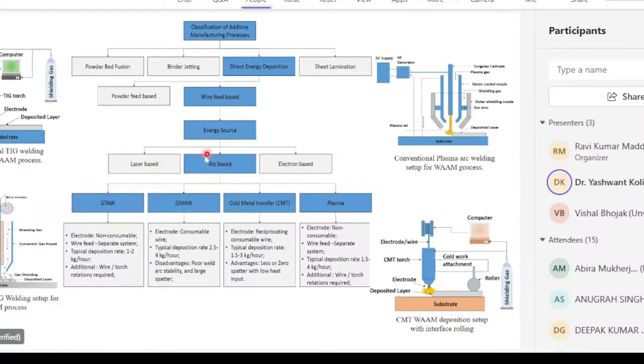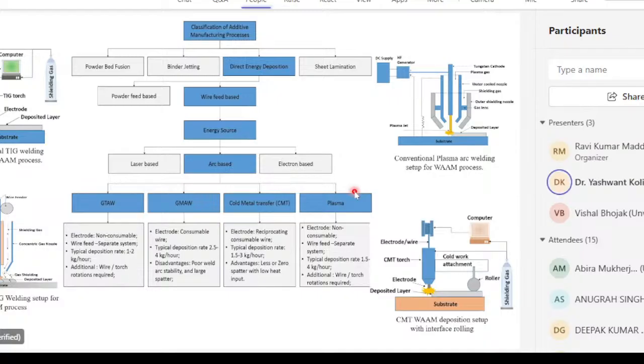That's why we are preferring arc based, which is the best alternative, and we get almost similar strength and can fabricate bulk material with comparable densities. The third classification is electron based, which is also a very costly process, but the deposition rate is very high. As compared to these three, we are sticking to arc based, which is further divided into four criteria: GTAW, GMAW, CMT, and plasma. We can use any of the four power sources and fabricate a WAM component.